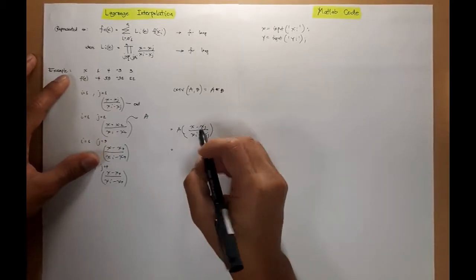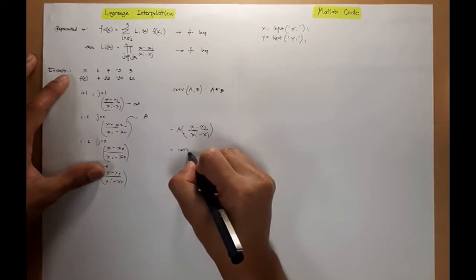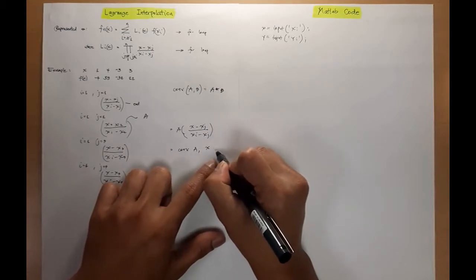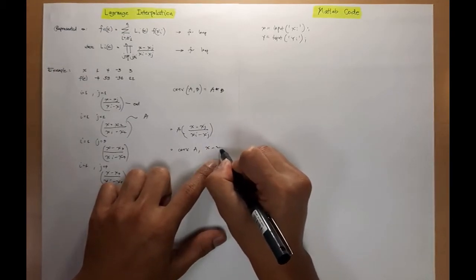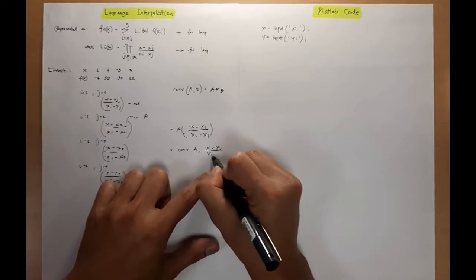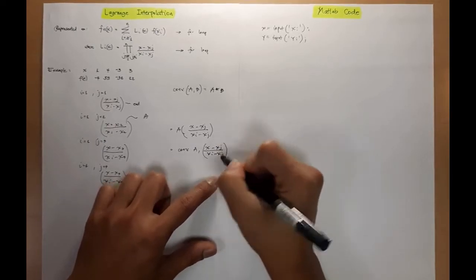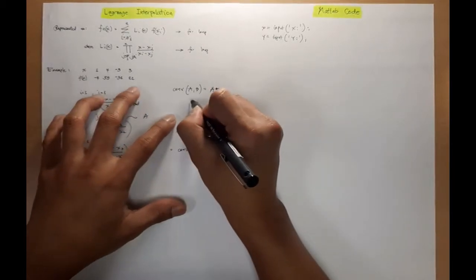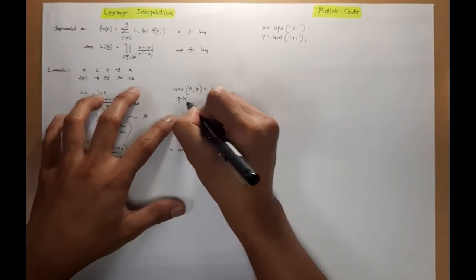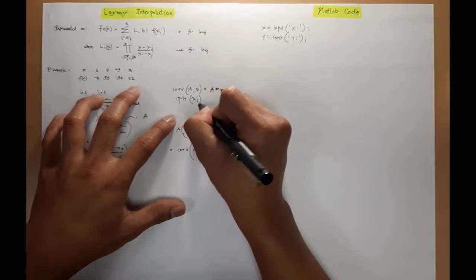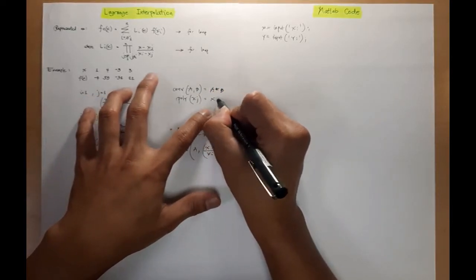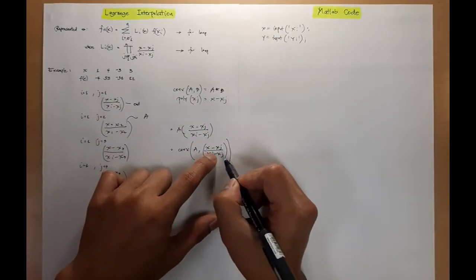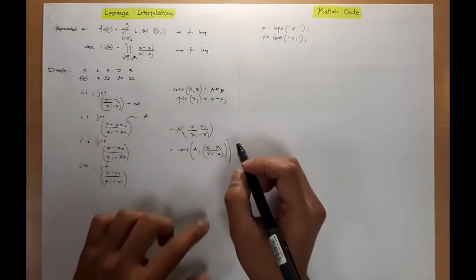So for this one, this would be conv a with x minus xj all over xi minus xj. It could also be simplified further because x minus xj is written as poly xj. So we'll replace x minus xj with poly xj.